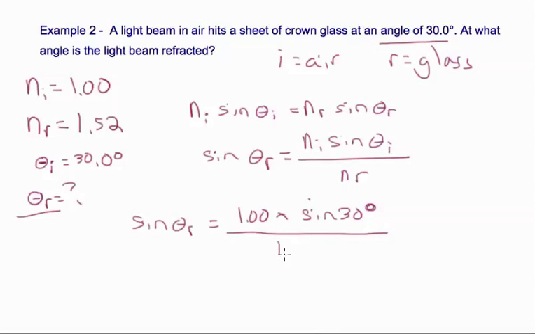So we get the sine of theta r is equal to 0.3289 and some more. And if we do the inverse sine to both sides, then we get that theta r, when we round to 3 significant figures, is 19.2 degrees.